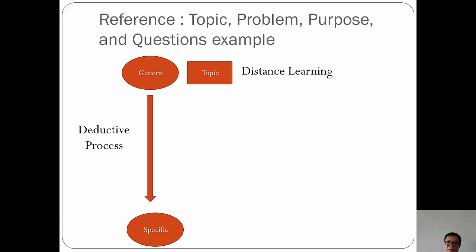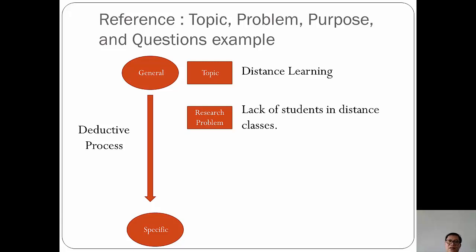That's my topic. Research problem: based on the specific topics I have, I get specific problems. So you can identify only one or two problems. Based on my reference, the research problem is lack of students in distance learning. This is the problem, which is why the topic is distance learning.